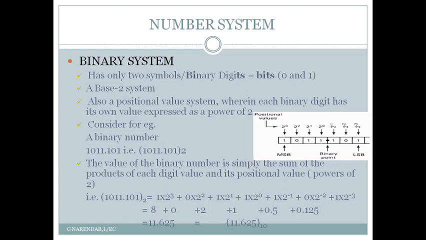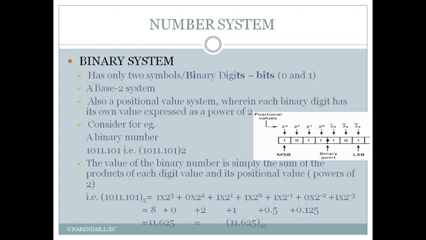The next digit has a position value of 2 power minus 3. The rightmost digit 1 has the least position value, 2 power minus 3, so it is called the least significant binary digit or least significant bit, LSB. Similarly, the leftmost bit 1 has the position value 2 power 3, which is the highest among all the position values. So the leftmost one is called the most significant bit, right?